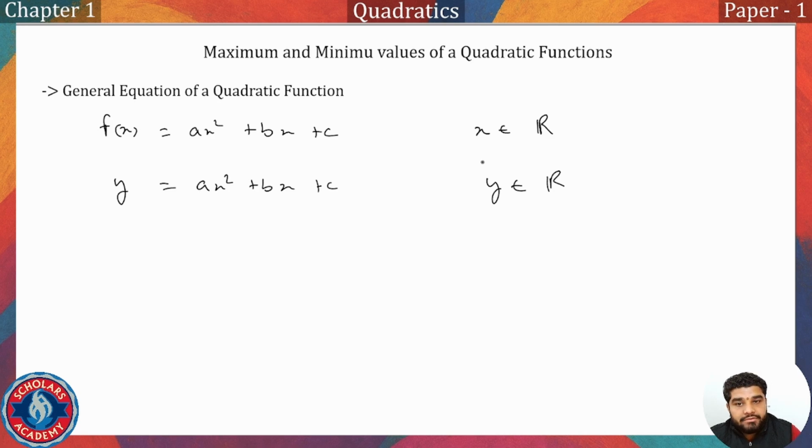All right. Whenever we are drawing a curve for a quadratic equation, we get a parabolic shape. So either the curve will be like this or it will be like this.